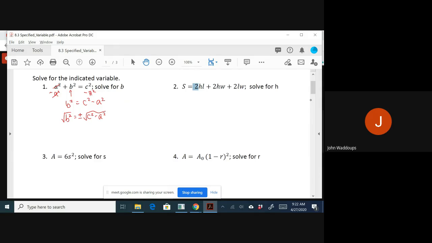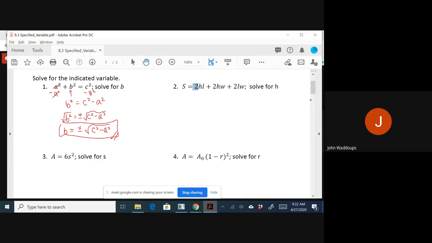So we get b equals plus or minus the square root of c squared minus a squared, and that would be the solution for number 1.